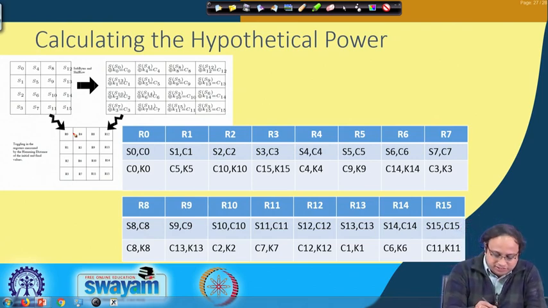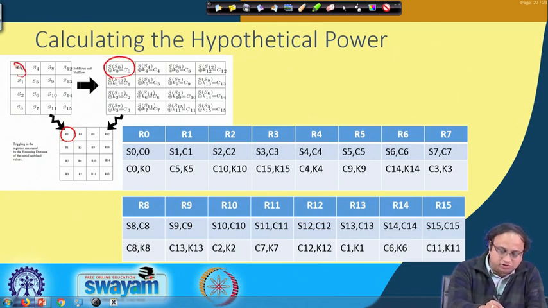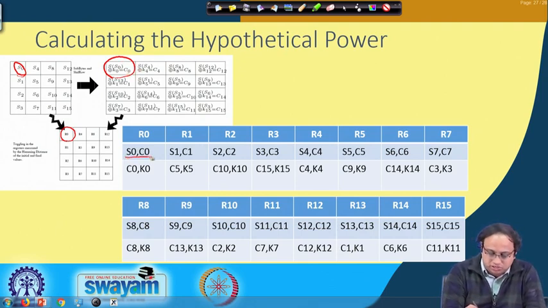Okay. So for example, let us consider R0. If you are considering R0, then you are basically finding out the distance between C0 and S0. Here C0 is given and stored in this table, and S0 you can get from this equation, because S of S0 XORed with K0 is equal to C0.